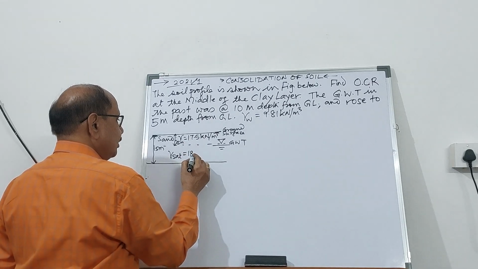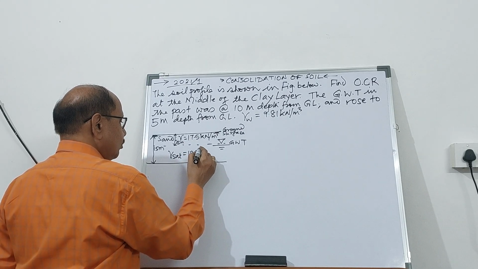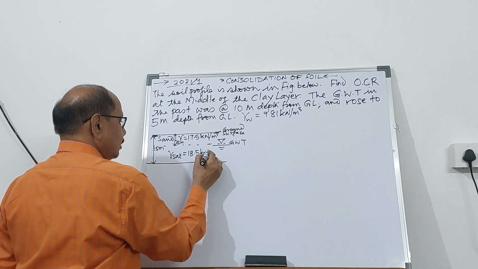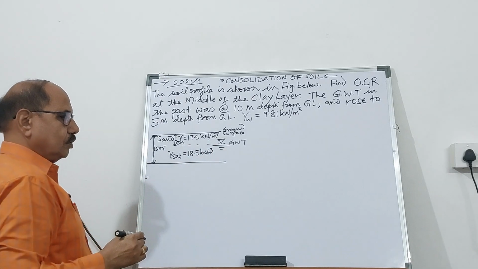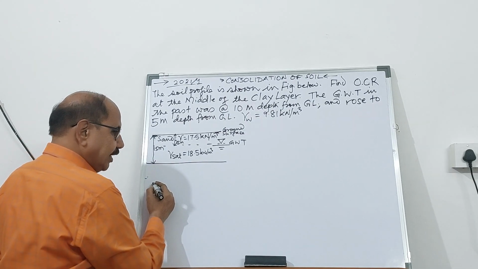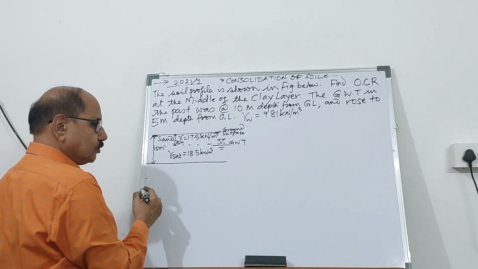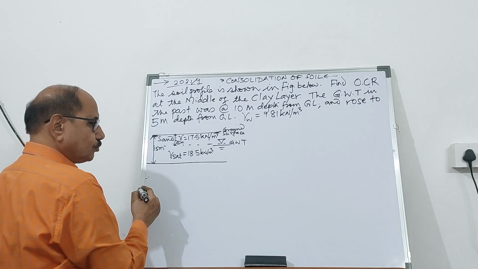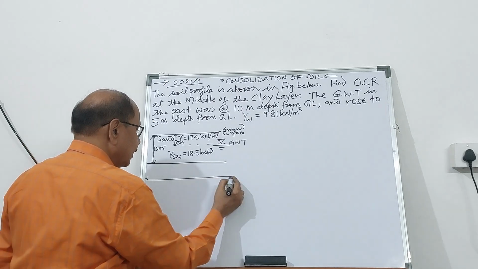So from 17.5 it becomes 18.5 kilonewton per cubic meter. And then followed by you have a clay layer.